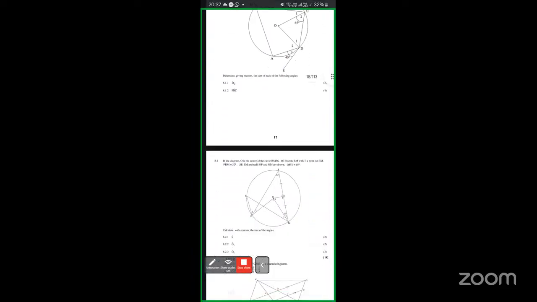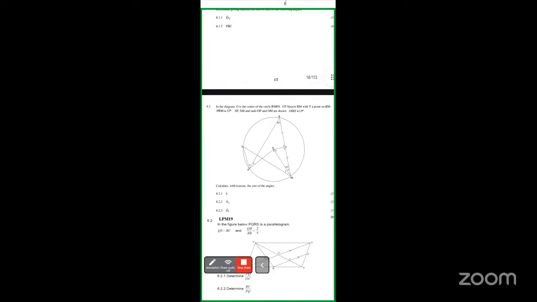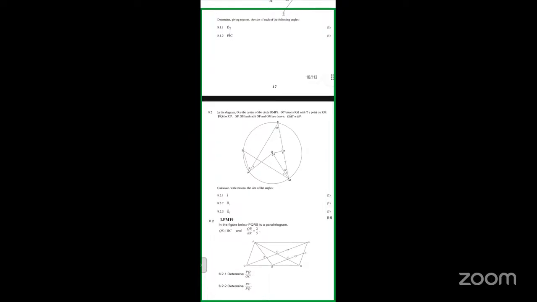Now with this 8.2, I would love to work with you guys. I don't want to do this alone, but I would like to discuss this one with you. They are saying in 8.2, in the diagram that you're looking at on the screen, O is the center of this circle. And then we've got those points on the circle, P, S, and then OT. Here is OT.